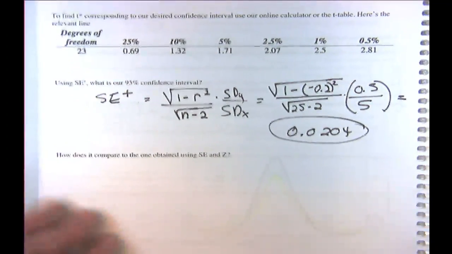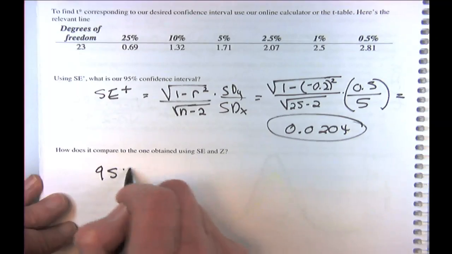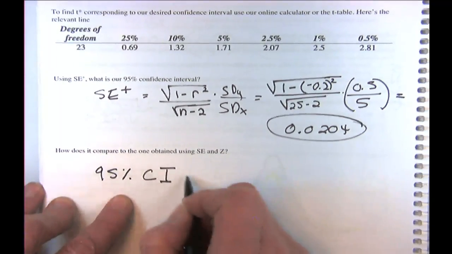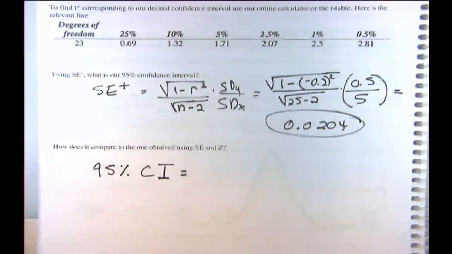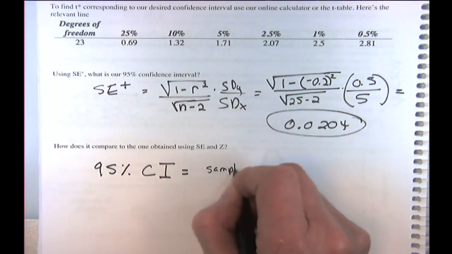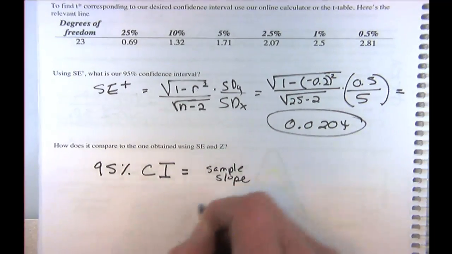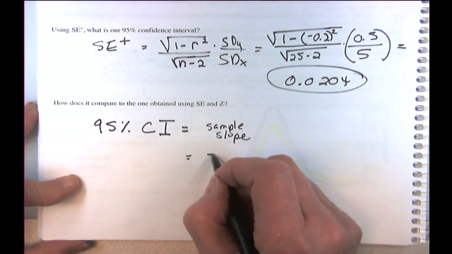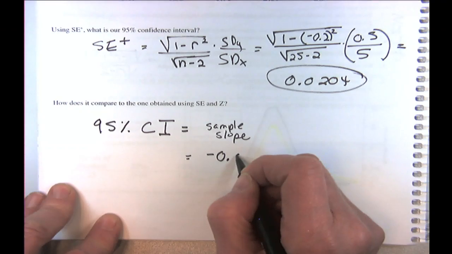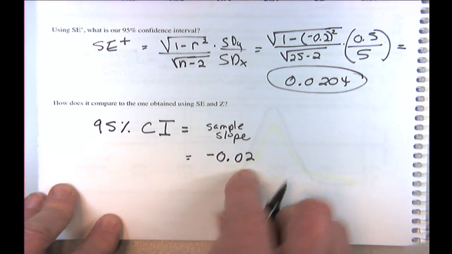Okay, now the 95% confidence interval. This is the last thing we're going to do. It's the same thing. It's your sample slope, which in this case, what was our sample slope? It's negative 0.02. That was our slope.